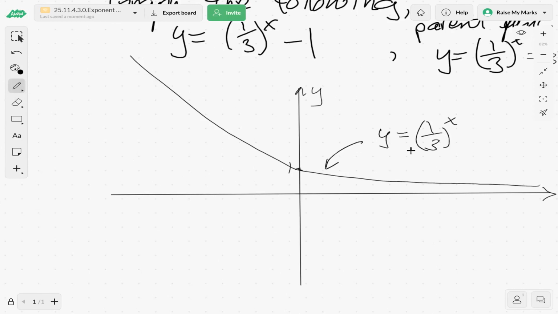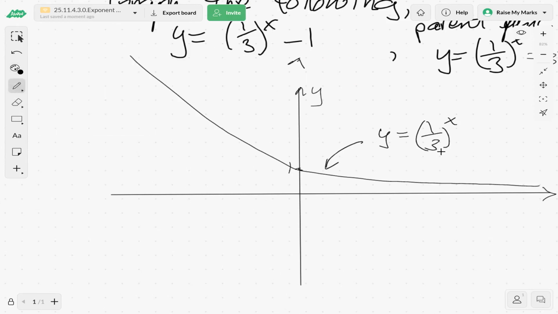So now we need to perform our transformations to this function. And what is the transformation that we're performing? Our transformation is this negative 1. So what does the negative 1 do? Let's write it over here where we have a bit more space.